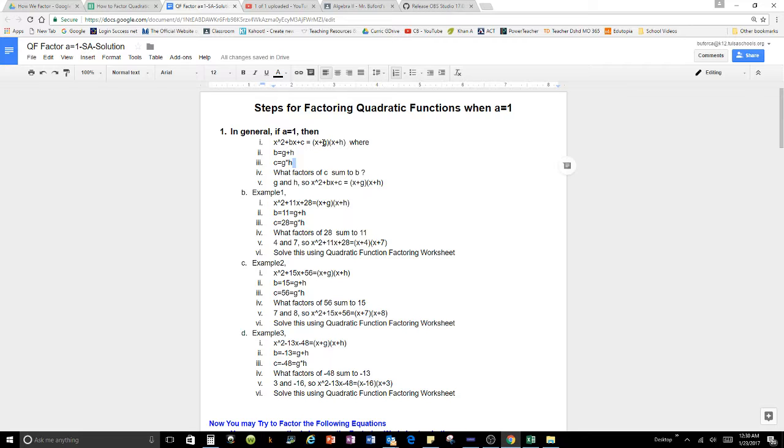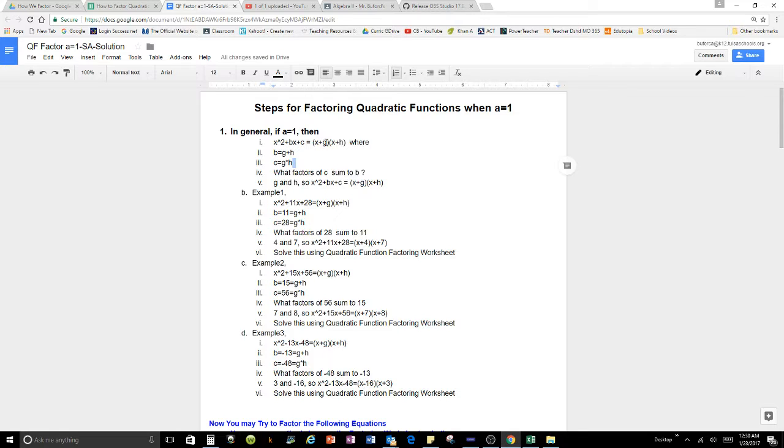And a binomial is an expression that has two terms, x and g, x and h, while the quadratic function has three terms, x squared, bx plus c. So our goal is to break it up into two binomial expressions. When you multiply those binomials together, they will give you back this original function.